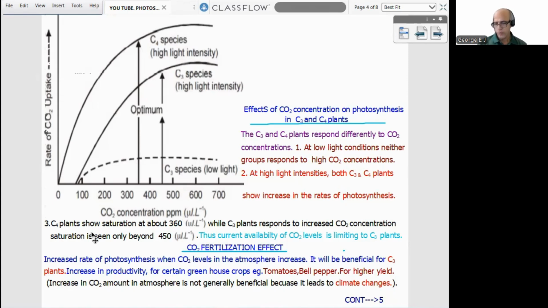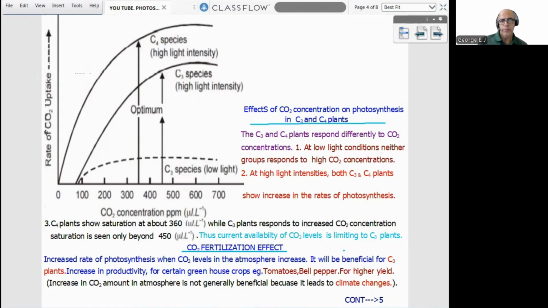Now the third point: C4 plants show saturation at about 360 microliter of carbon dioxide per liter of air, while C3 will go up to saturation only beyond 450. On the graph you can find this is C4, marked here, and this is the famous C3, around 450, 460. I think the idea is clear. So the unit is microliter of carbon dioxide per liter of air.